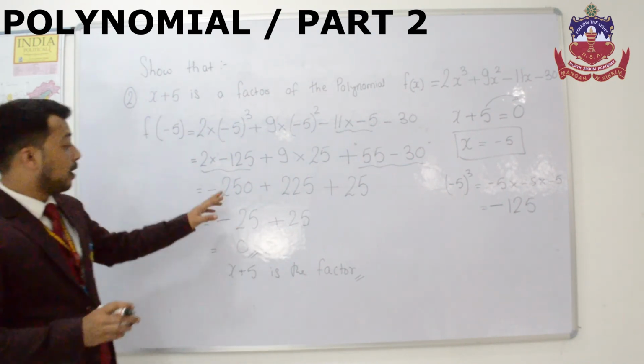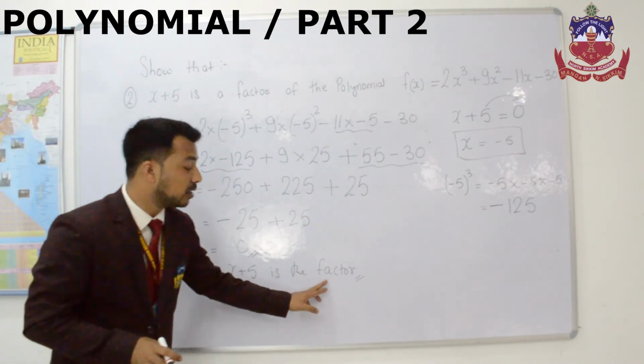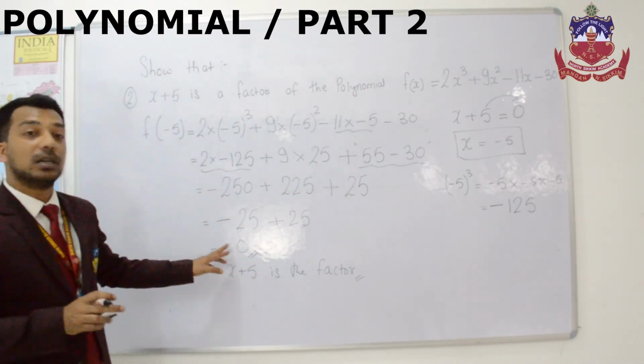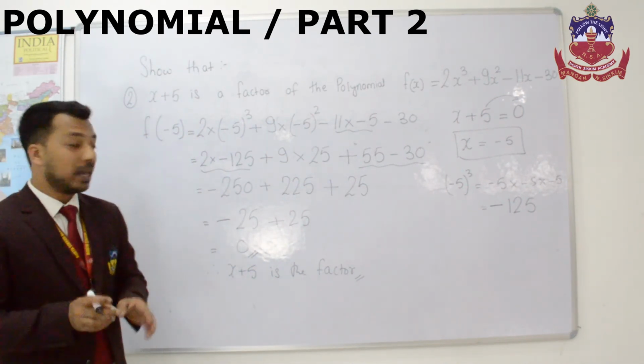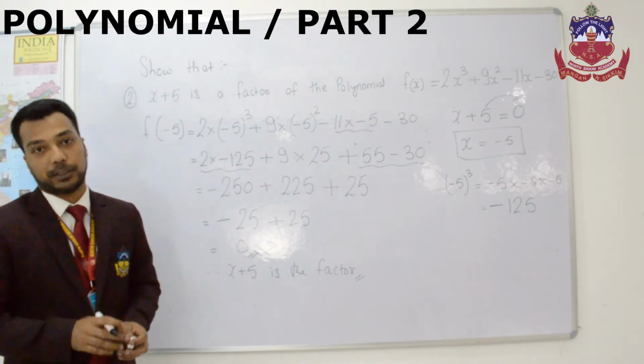But if the remainder is 0, that time the given expression is a factor. But if the remainder is not 0, that time we call the smaller expression not a factor.